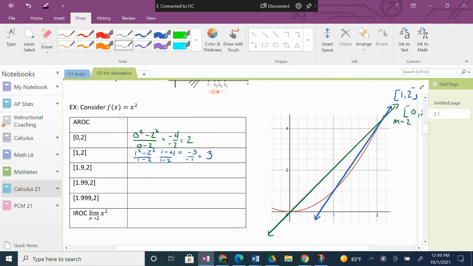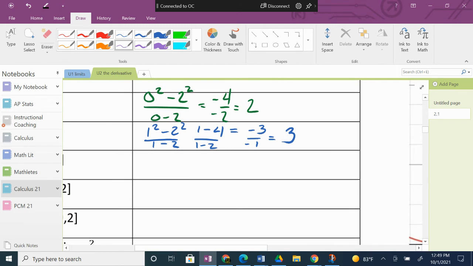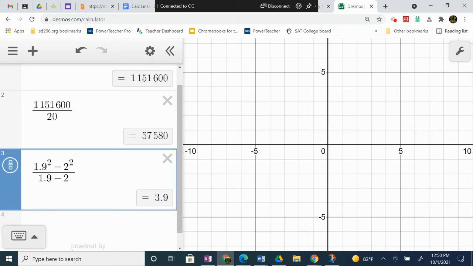Let's go purple on this one. 1.9 squared minus 2 squared over 1.9 minus 2. We see it is 3.9, right?